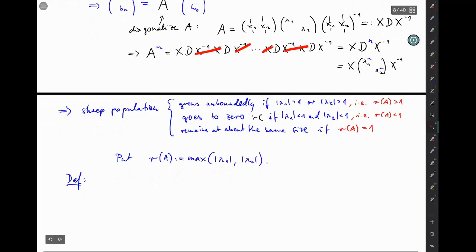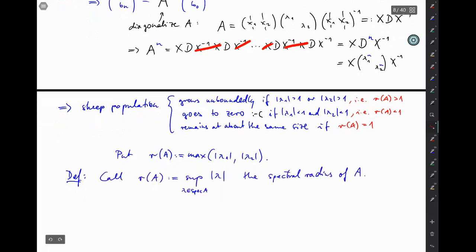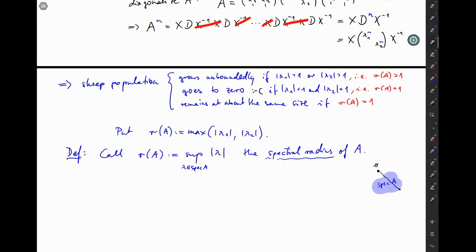So more generally, not just for 2x2 matrices A, but for general matrices or operators from a space X to X, call the largest of the moduli of your spectral values the spectral radius of A. So for all points in your spectrum, you're checking how far away from the origin it is, and the longest of these lines is what you call the spectral radius.